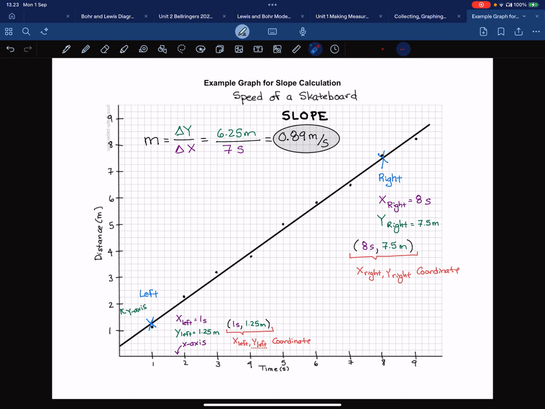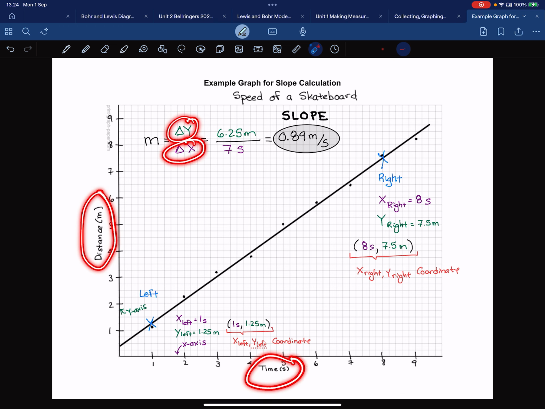Okay, so the example on the speed of a skateboard graph that you did, you had a change in y of 6.25 meters and a change in x of 7 seconds, and you ended up with a slope of 0.89. All right, slope is always the same, okay? Slope is always y over x.